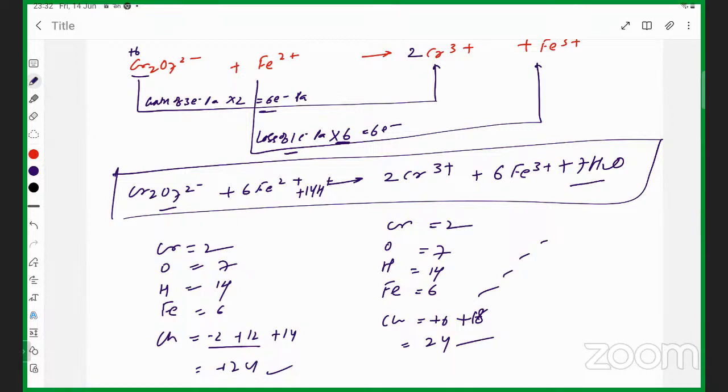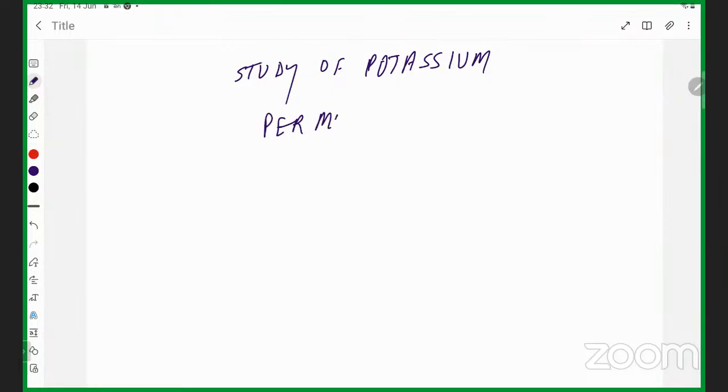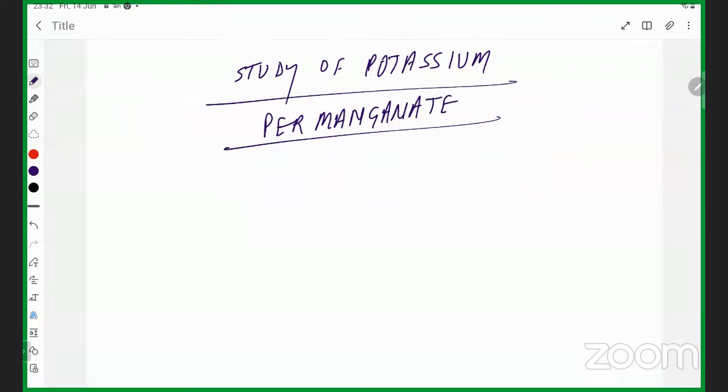Done, sir. Now, study of potassium permanganate. This we are going to study.